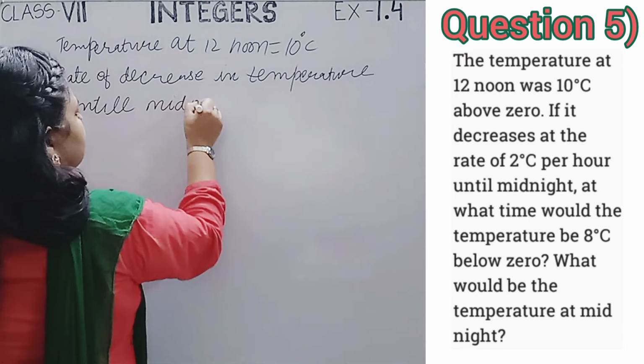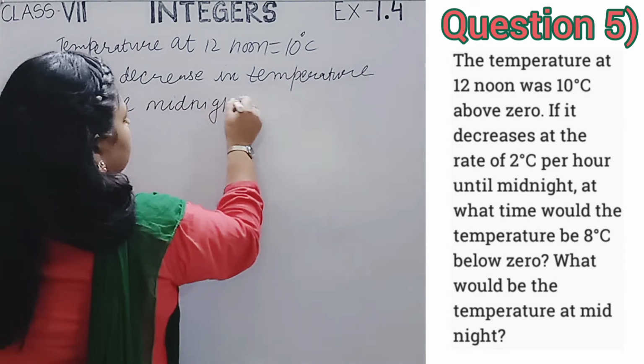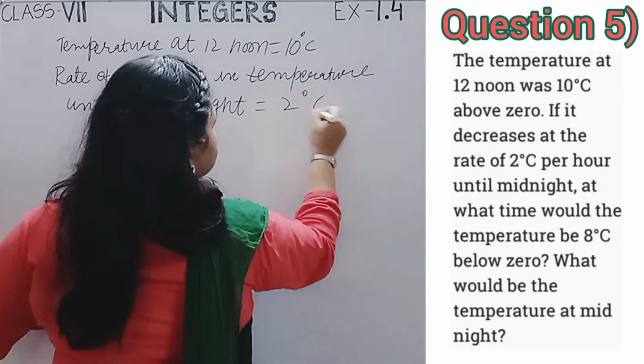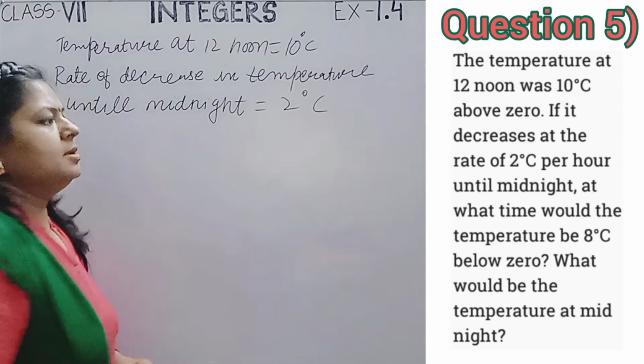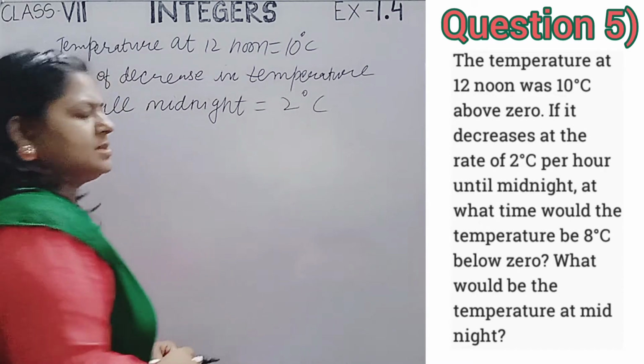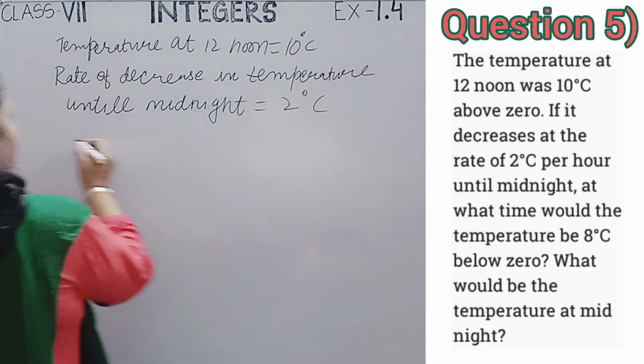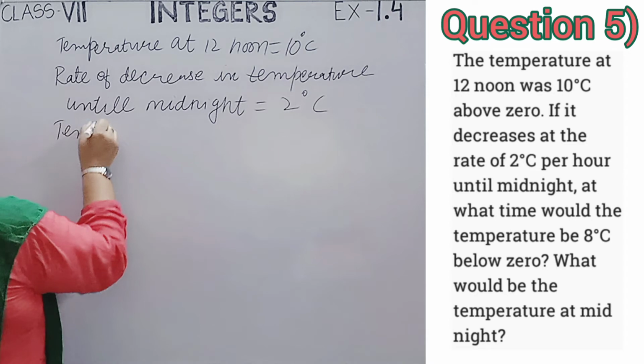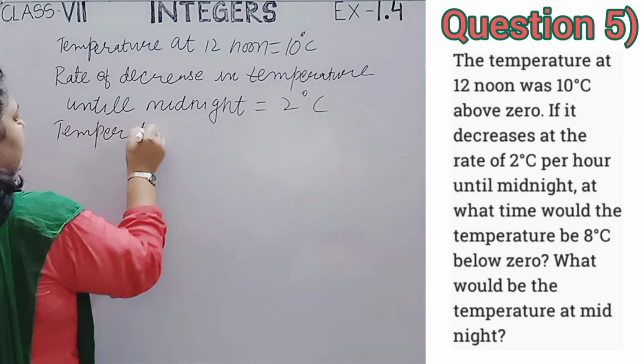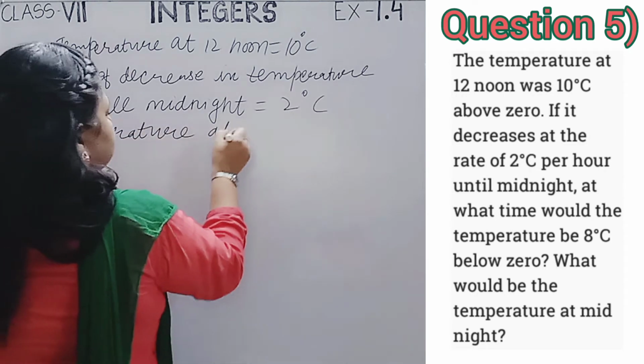And what is the rate? 2 degree Celsius. Now in question we have to find out temperature at midnight. So we have to find out temperature at midnight.